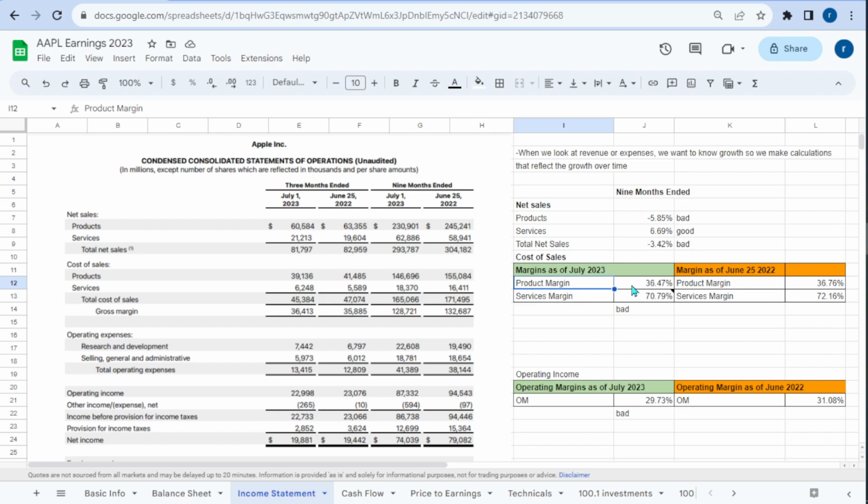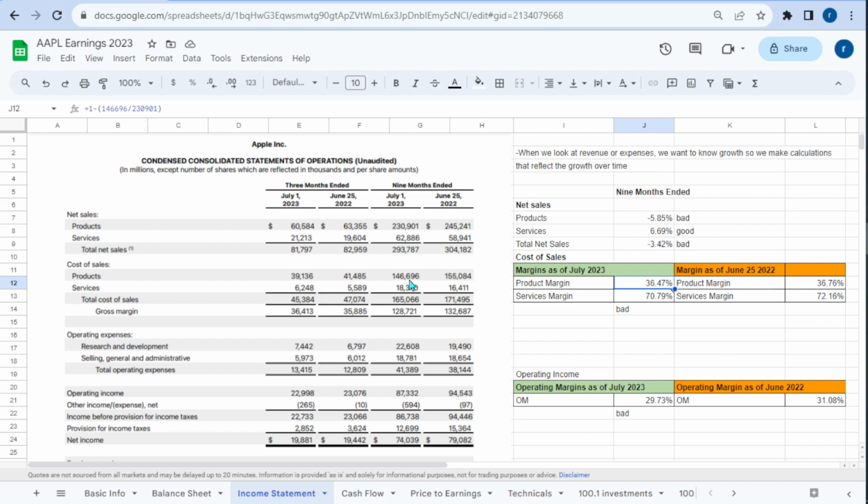So right here, the way that we calculate this is we're getting 1. So 1 represents 100%. And then we're going to do minus this 146,696. So where am I looking at this? I'm looking at this right here, that 146,696. So this is the cost, right? So that cost divided by the sales.